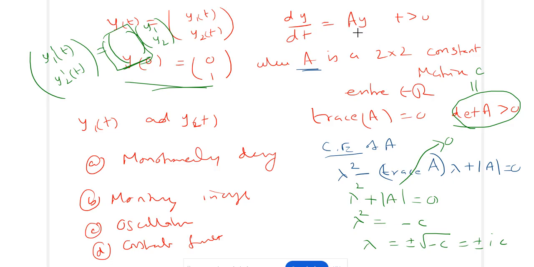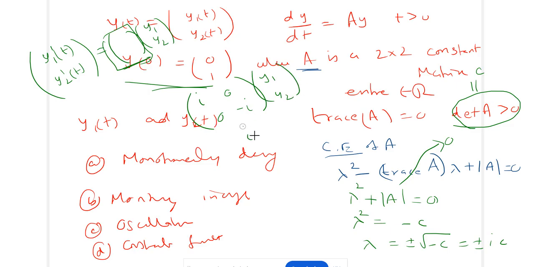So we can choose the matrix like this: (i, 0; 0, -i) into y1, y2.